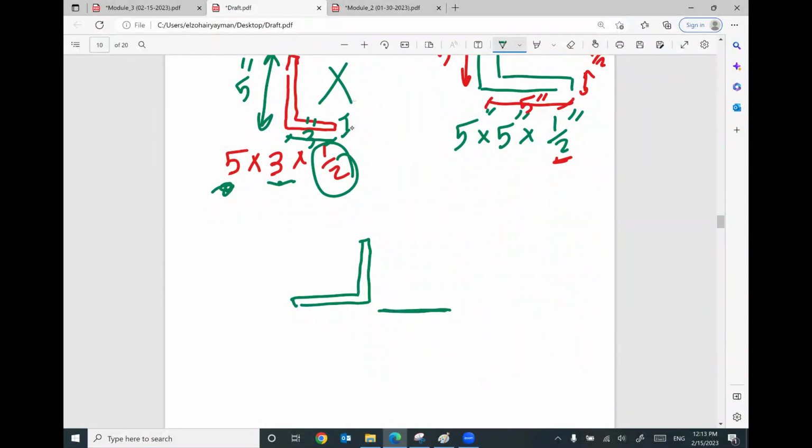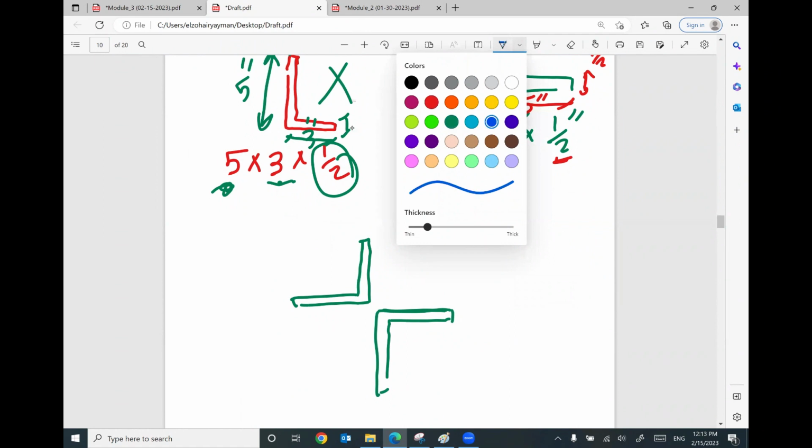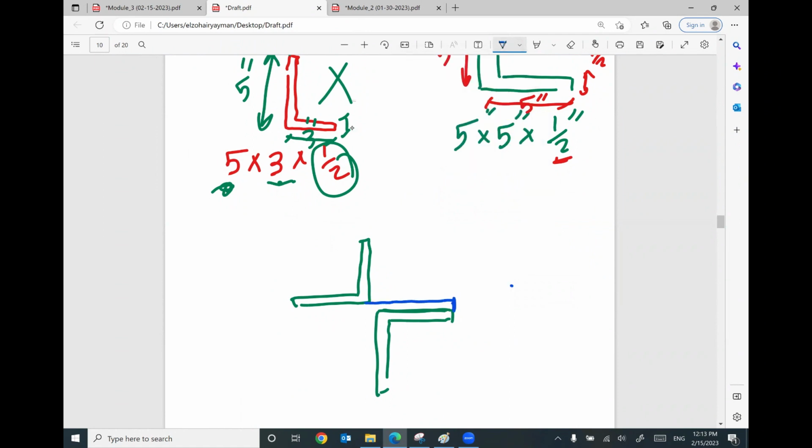It's very easy. I will put a plate here. So this angle will be bolted to this plate, and this angle will be bolted to this plate, so we can connect both of them together. This is called a star shape, but this is not common also.